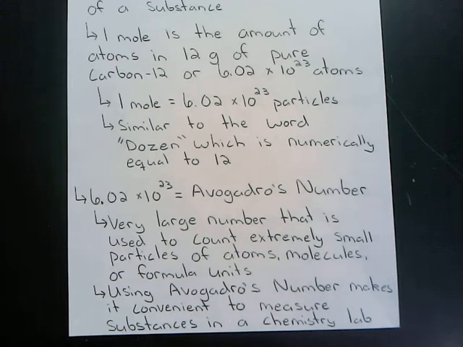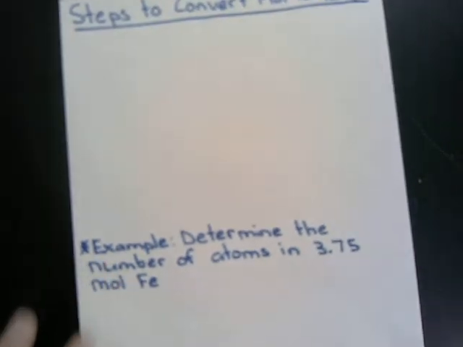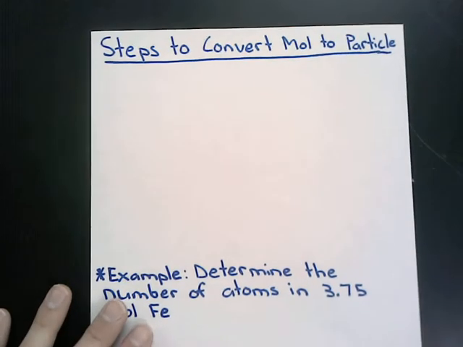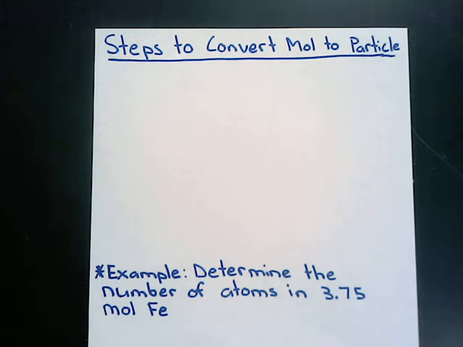So now, we can go back and forth between moles of a substance and particles of a substance. What we're going to do now is transition to how we convert from moles to particles of a particular substance. I like to outline steps of how to solve.